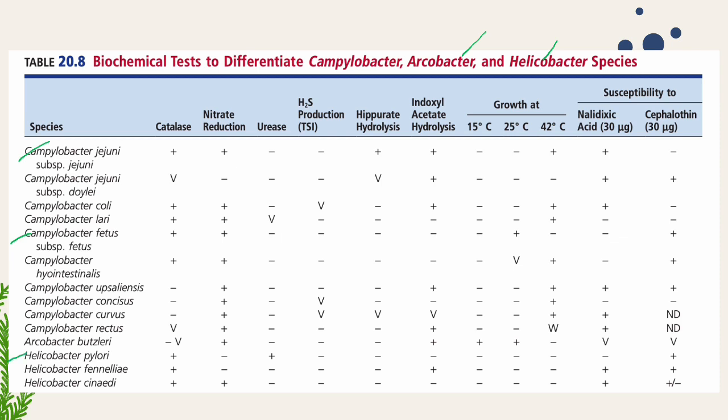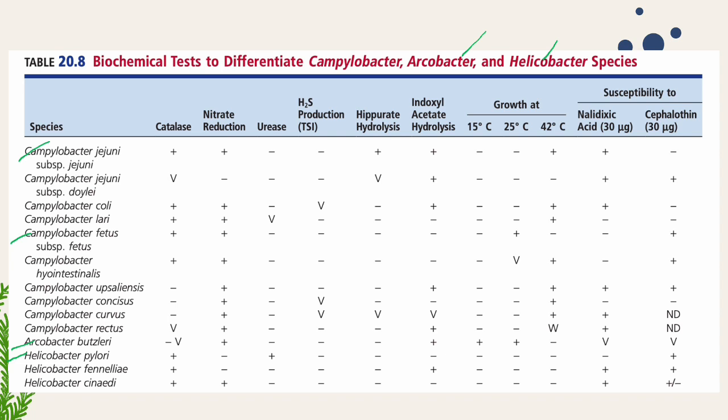And as well as, syempre, add na natin si Helicobacter butzleri para meron tayong differentiation. So, pinaka-importante itong apat na to, but of course, on your board exam, it is much better to memorize the different characteristics of some of these species of our Campylobacter and Helicobacter species. So, try nating tignan kung saan sila nagdi-differ.